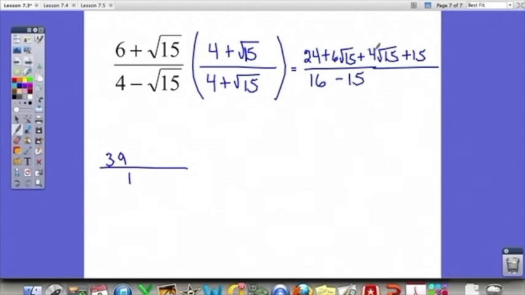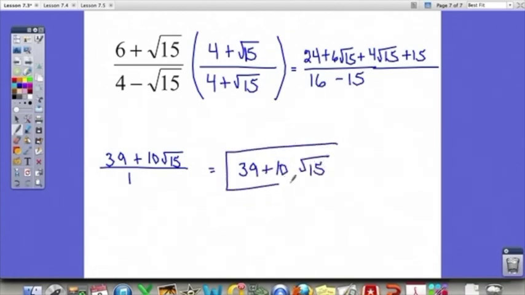And combining here, 6 plus 4 is 10, root 15. Now 1 goes into each of those, so I have 39 plus 10 root 15.